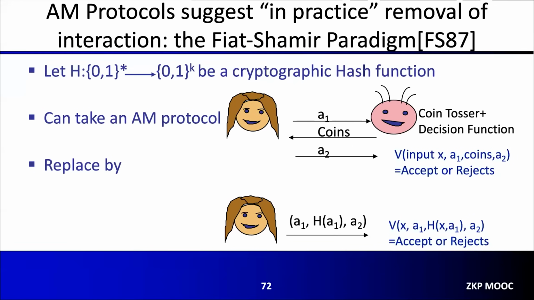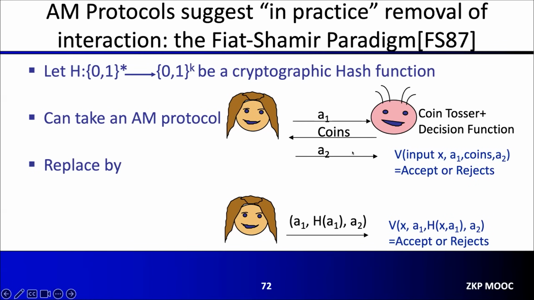But before I show you that, I want to say that protocols where Arthur, the verifier, is only a coin tosser are very interesting protocols in practice, because it has been suggested by Fiat and Shamir, in what we now call the Fiat-Shamir paradigm, that when you have a protocol where the prover is sending messages, but all the verifier does is send coins, you could possibly get rid of interaction.